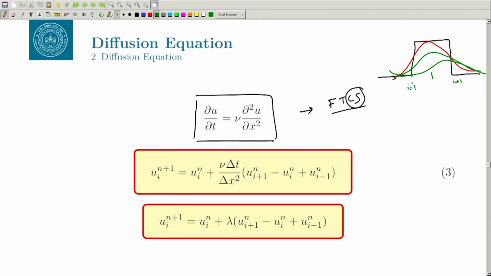If you use that scheme FTCS, your solution will look like this, and it is first order accurate in time and second order accurate in space, right. And ultimately, you can write this equation in this form, and here I am defining the diffusion Courant number, which is lambda. Again, I am using the same term lambda equal to nu delta t by delta x square.